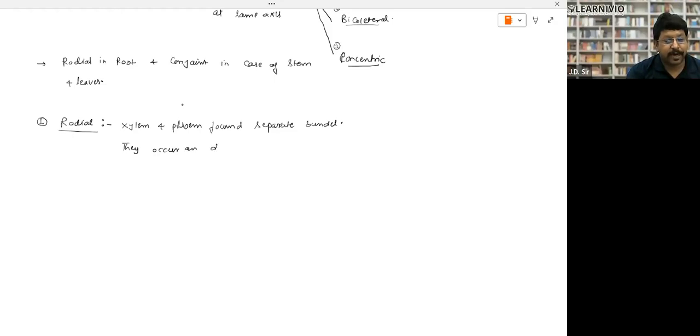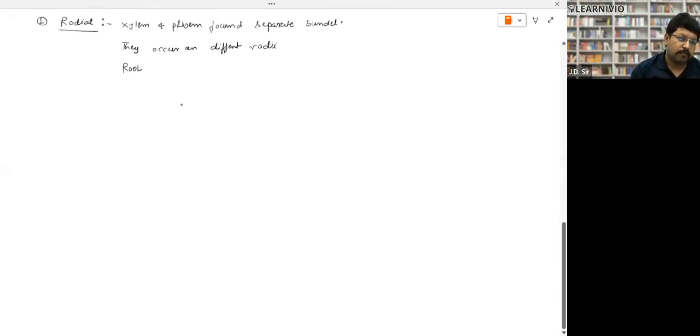They occur on different radii. Right? They are found in root, that we have understood. The diagram is already present. We have studied the diagram, so no need to draw.